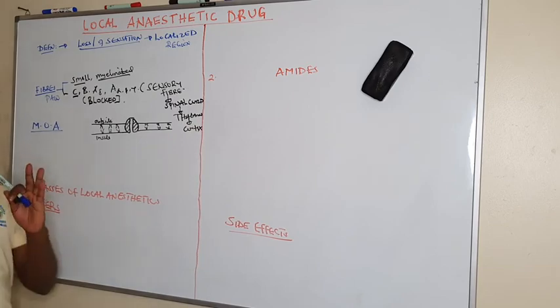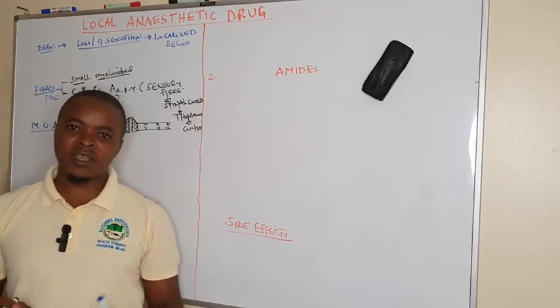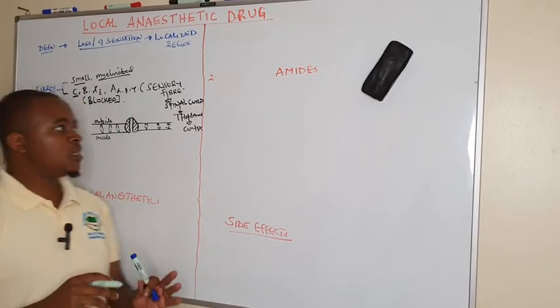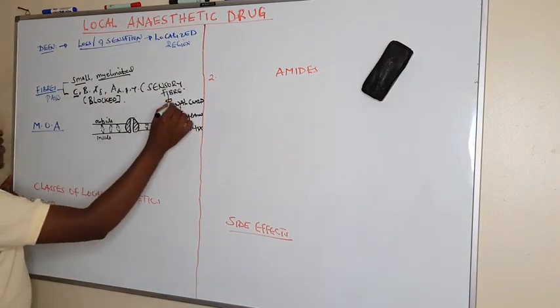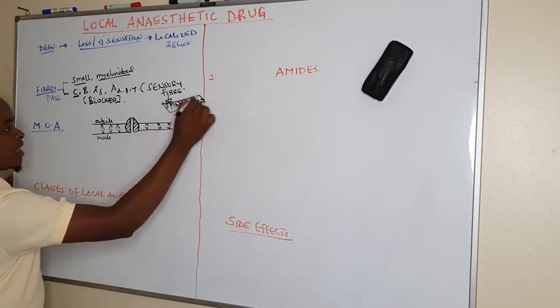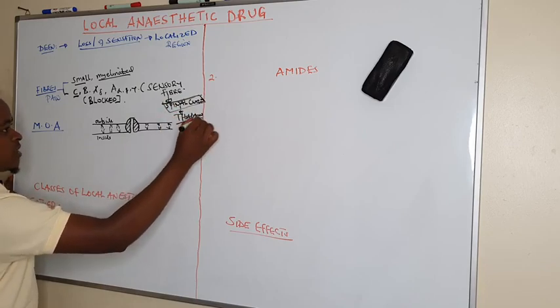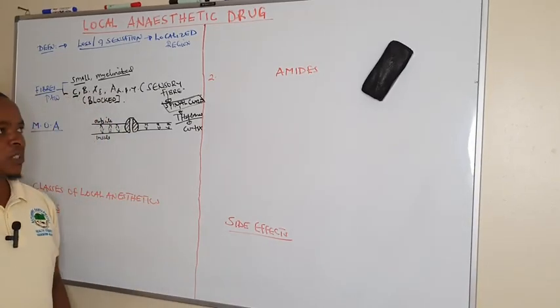Whenever there is a pain stimulus, either you have touched fire or a needle prick, the pain receptors transmit information to the dorsal horn of the spinal cord, then to the thalamus and then to the cortex for perception.